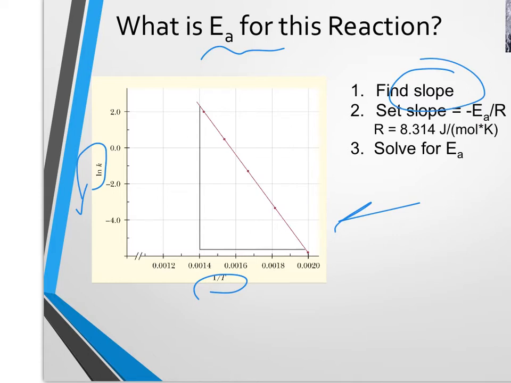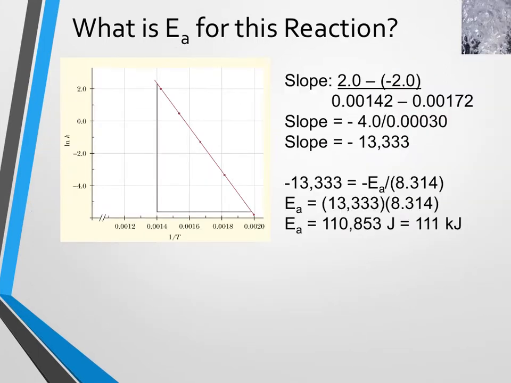All right, so if you remember from the Arrhenius equation, the slope of this type of graph is minus activation energy over R. So since the problem's asking us to find activation energy, we need to find the slope. So pick any 2 points on this graph.